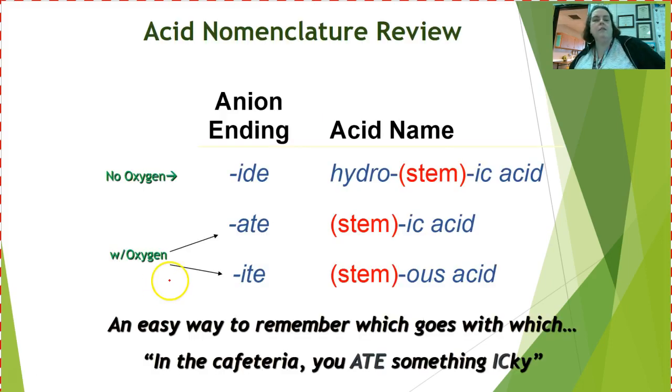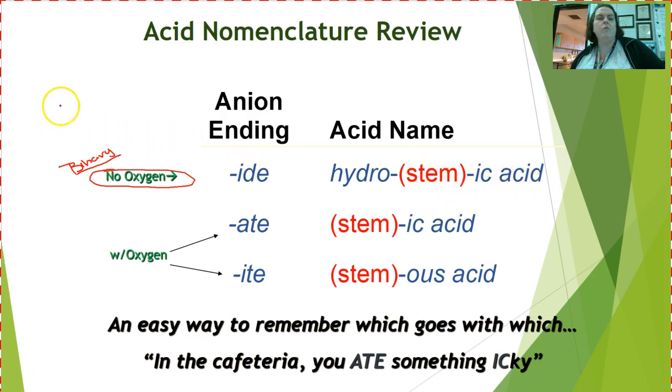If there's no oxygen, in other words, if it's a binary acid, and most of the time we're talking about binary acids except for one example that I know of, the anion ends in "ide," and so what we do is we call it hydro, and then we use the stem of the anion, ic acid.